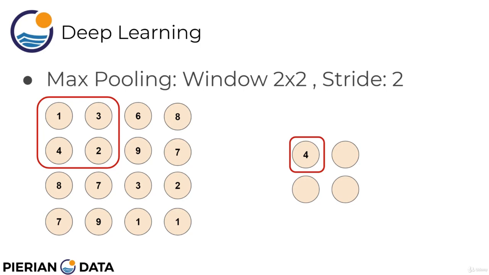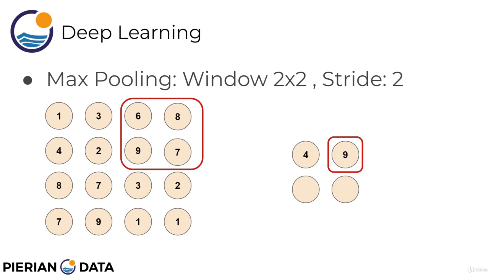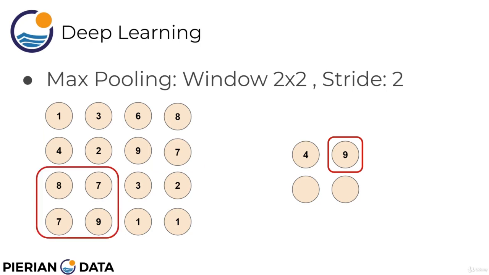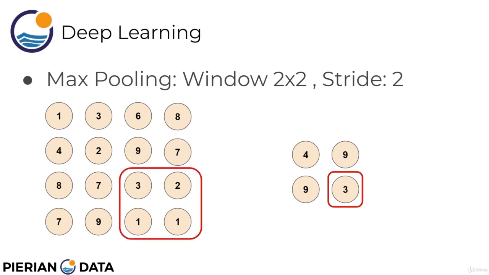Out of 1, 3, 2, and 4, the max value is 4, and we continue with this. This 2x2 window has a max value of 9, in the next 2x2 window we get again a max value of 9, and then over here on the bottom right, the max value is 3. While we do lose some information in doing this, you can see that the general behavior has still been kept.